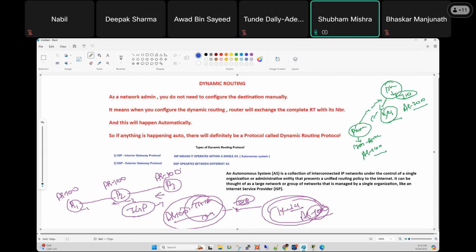Why? Because generally ISPs use which protocol, guys? That is called BGP, and BGP is an example of an EGP protocol. So what do you mean by EGP? With the help of EGP, you can make communication possible between different AS.